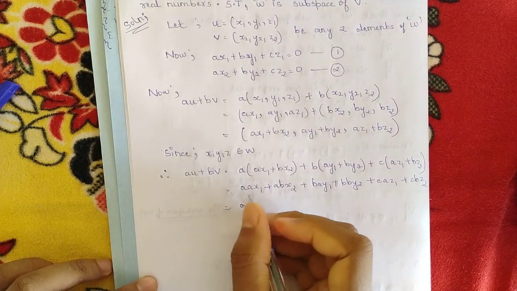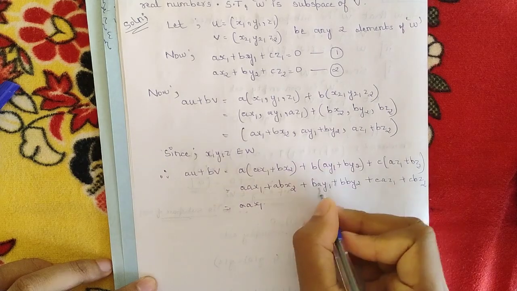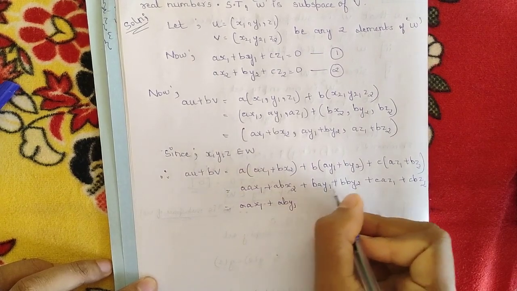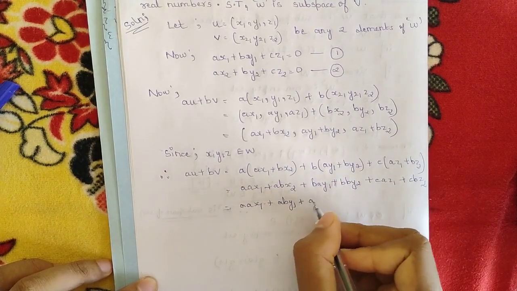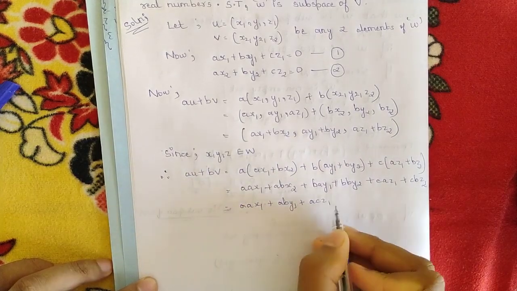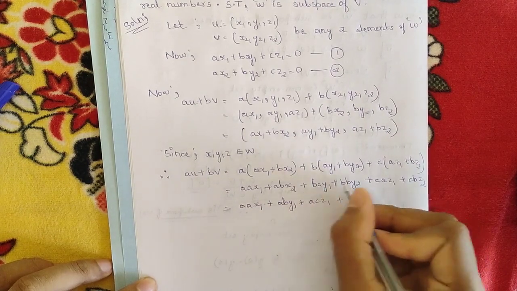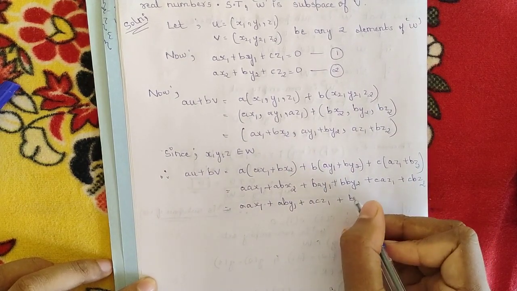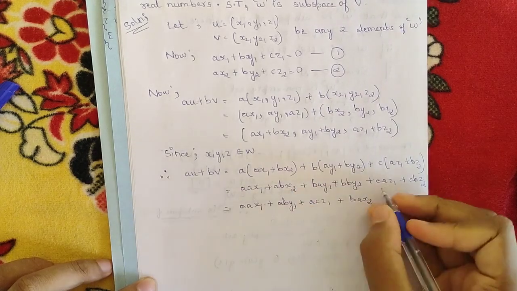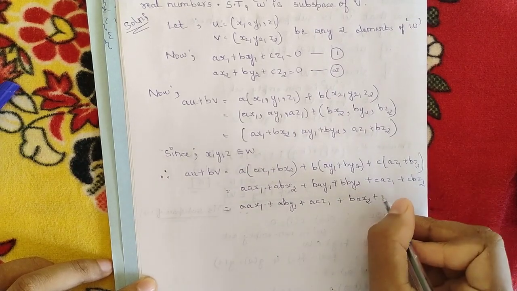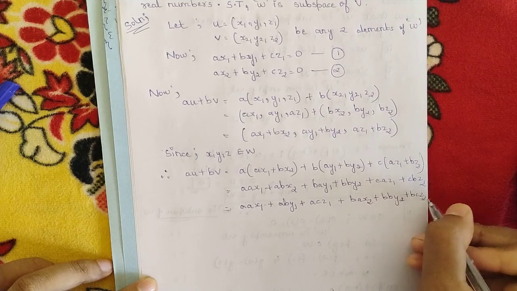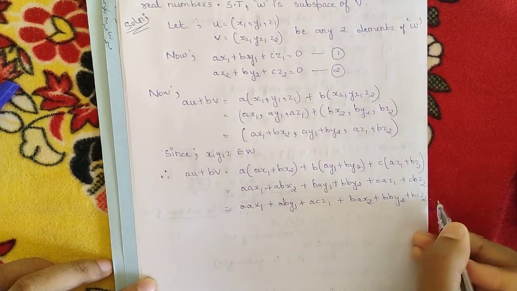Now we have aax1, and here we have aby1, this term. And here we have acz1, caz1, acz1 is one and the same. So wherever a is common, group it together. Similarly, wherever b is common, that is bax2 and bby2 and bcz2, this term and this term I've grouped together.